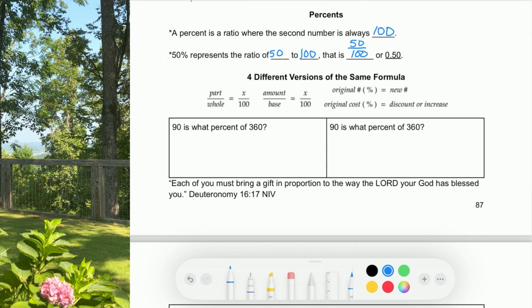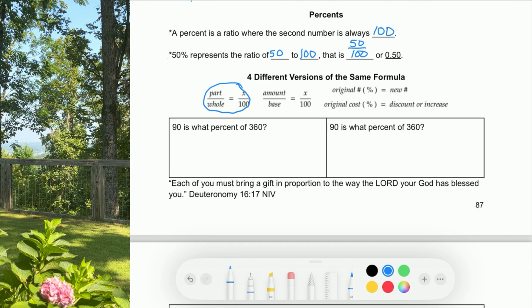All right. So let's look at the 4 different versions of a same formula, basically, to find a particular answer in a certain type of problem. Depending on what we're looking for, we're going to use one of these different versions to find that answer. So one version is part to whole equals a missing part to a whole, which is the 100. That X is the percent, okay?